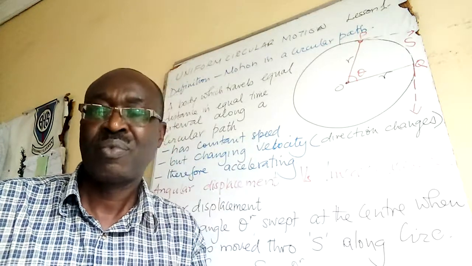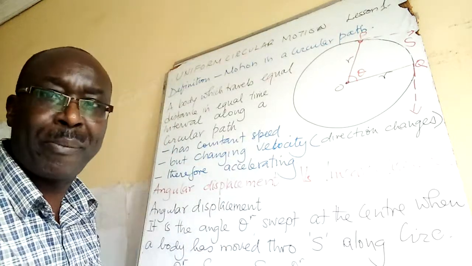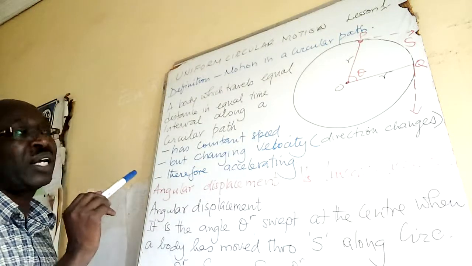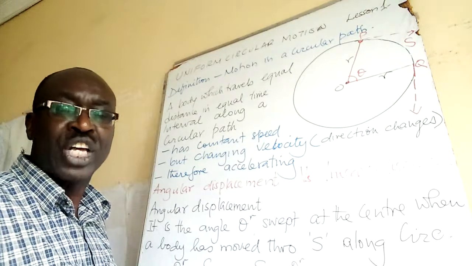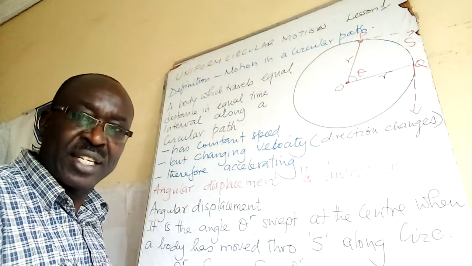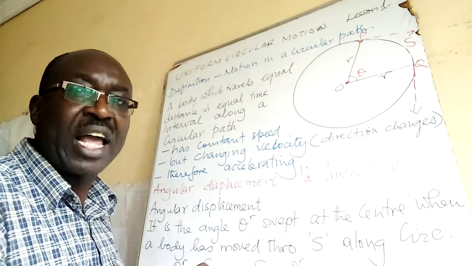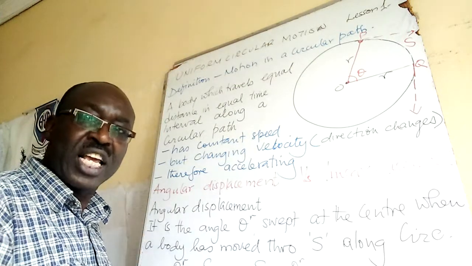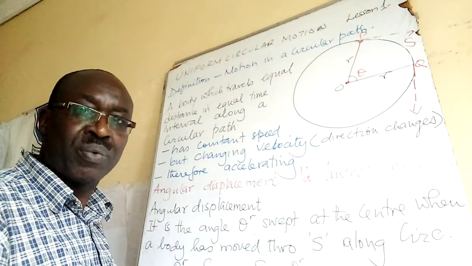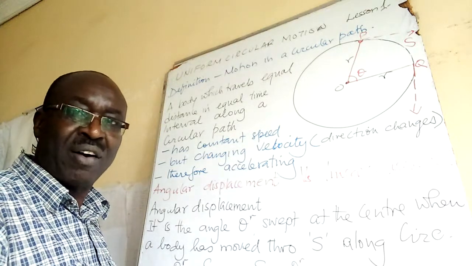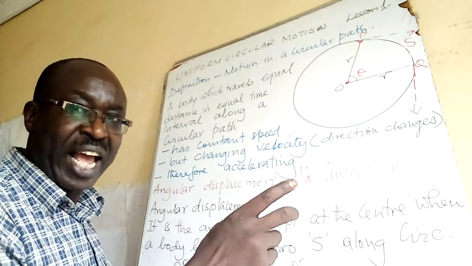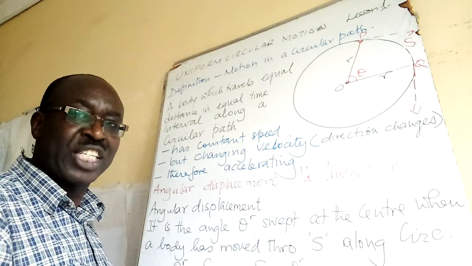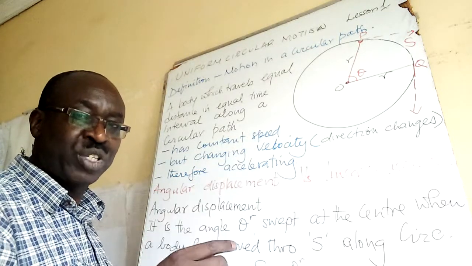Suppose in moving from P to Q along the circumference, a body travels equal distances in equal time intervals. Okay, so I cover, let's say, 10 in 2 seconds.